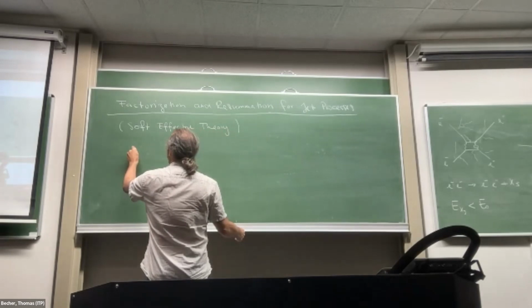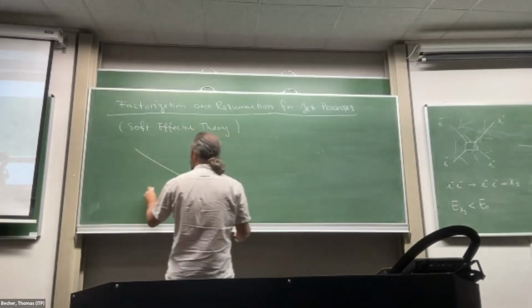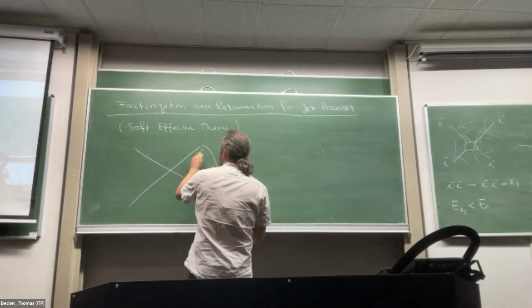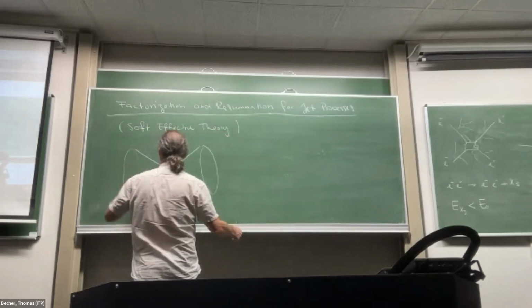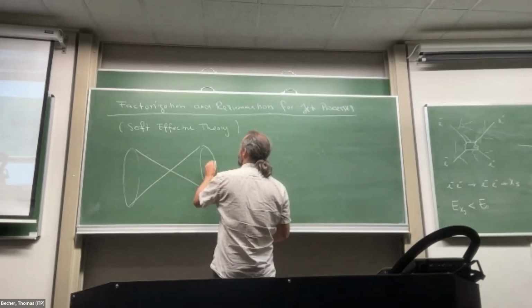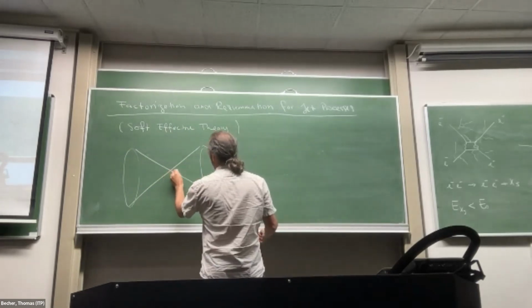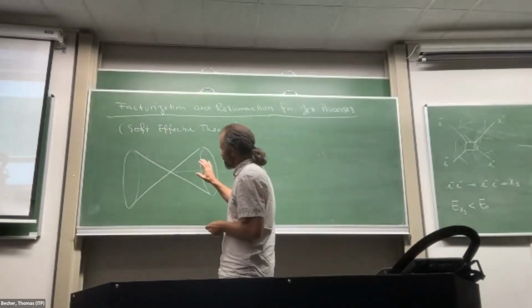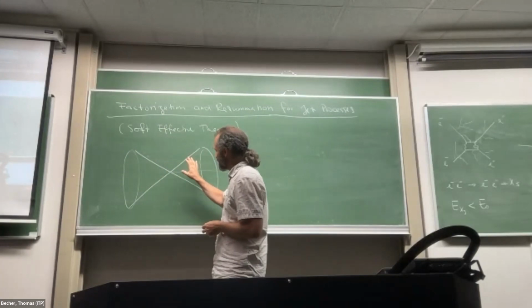What Sterman and Weinberg did, and this is kind of the simplest jet definition, is they said introduce some cone from some direction with some opening angle, and then define the cross section like this.